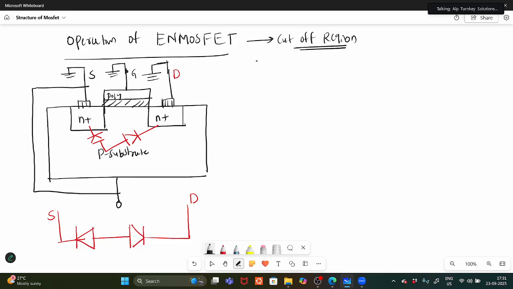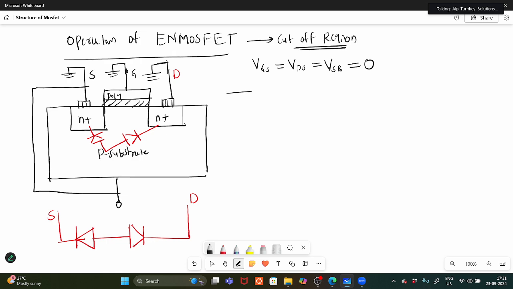VGS is gate to source voltage, VDS is drain to source voltage, and VSB is source to bulk or body voltage, that is equal to 0. Zero means all the terminals we are connecting to ground.